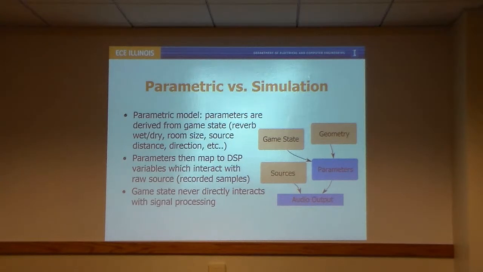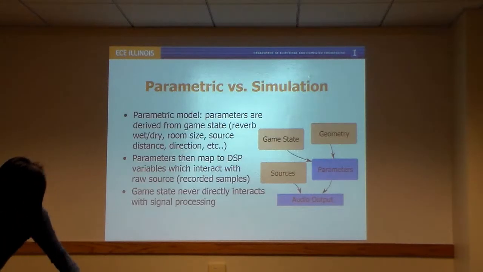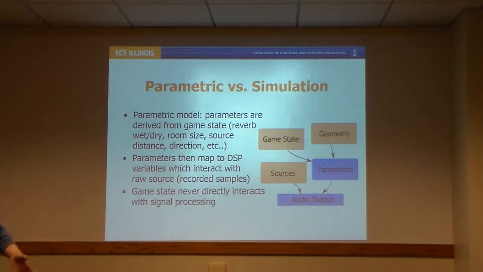So this is exactly what I was talking about before, right? We have game state, we have maybe geometry, and then we have the actual audio sources, the samples themselves, and we derive a bunch of parameters from the game state. You can think of this as the knobs that the guy is twisting in real time, right? The engine is twisting. And then the engine, whether this is Fmod or Wise or whatever, is going to go ahead and do all the DSP.